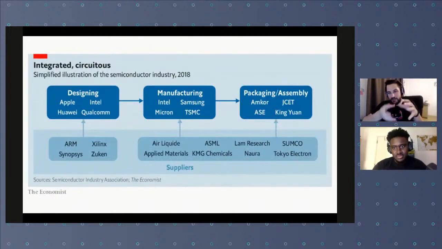After somebody comes up with a design, you actually have to manufacture it. You've probably heard the concept of a foundry. For example, Intel does both designing and manufacturing, which means they have their own foundry. Now, the problem with Intel is they haven't gotten the tech quite right: they have designs, but they can't manufacture them. You've probably heard of the whole nanometer debate.